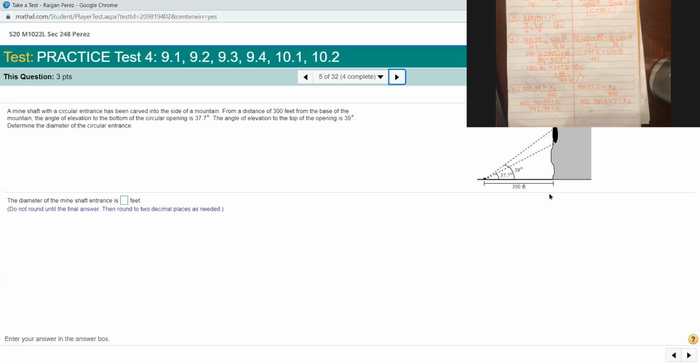And 300 times tan of 37.7 is 231.87, which is x2. So now I'm just subtracting x1 minus x2. 242.94 minus 231.87. And I got 11.07.